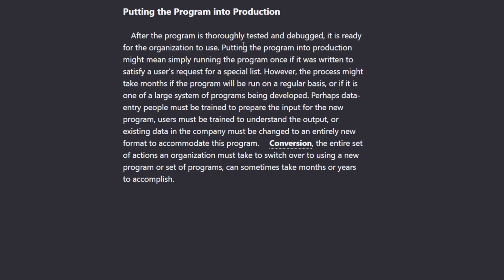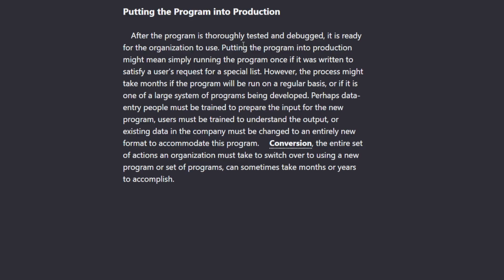However, the process might take months if the program will run on a regular basis, or if it is one of a large system of programs being developed. Perhaps data entry people must be trained to prepare the input for the new program.